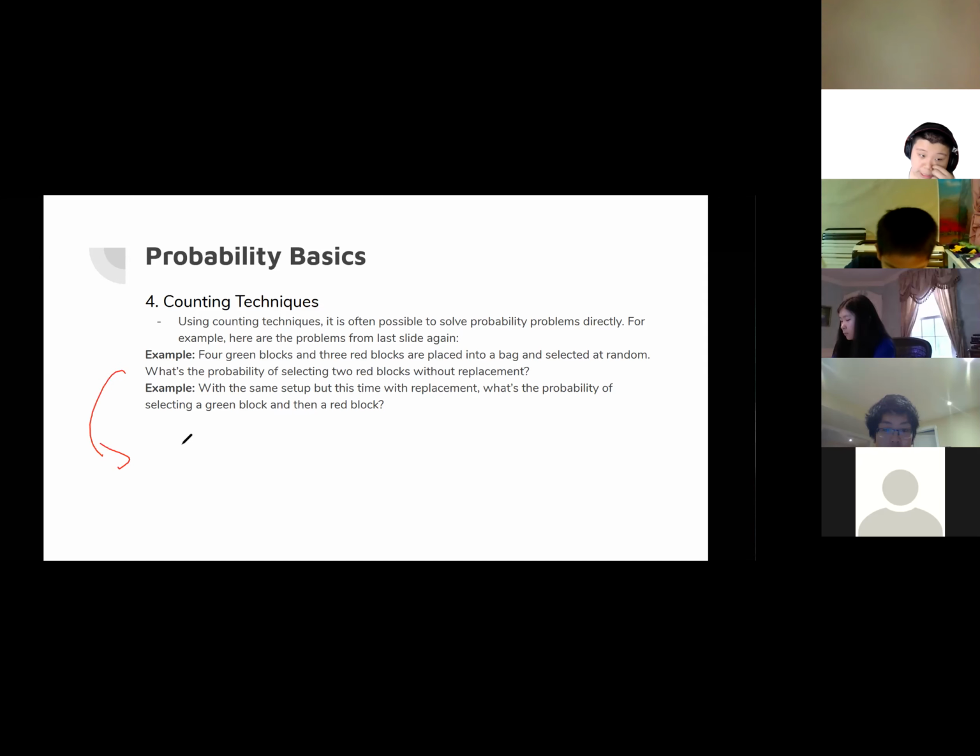There are 7 choose 2 ways to choose 2 blocks from the bag, because we're just choosing 2 of these blocks, and this equals 21. And out of these 21, 3 choose 2 of them have 2 red blocks, so that's equal to just 3. And this becomes 3 divided by 21 equals 1/7.